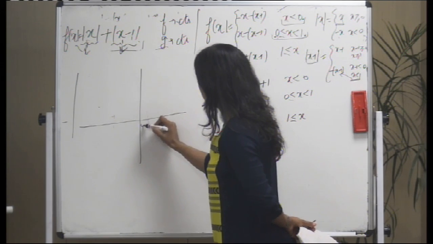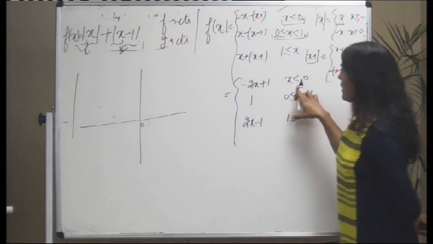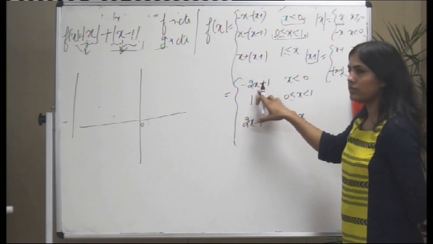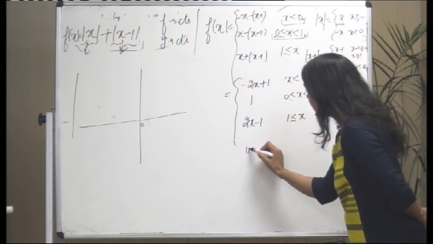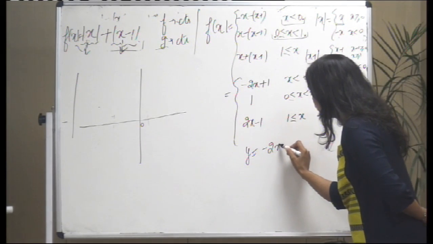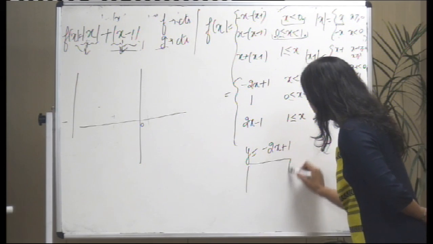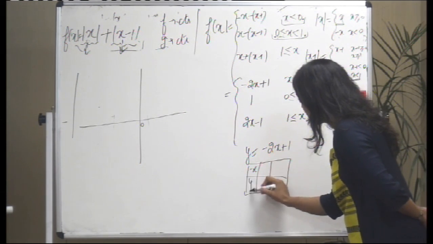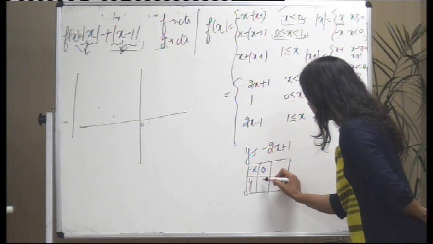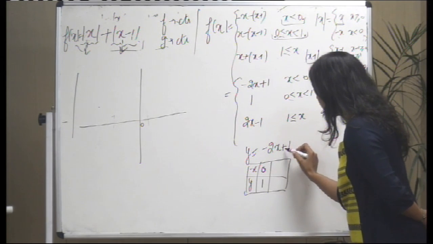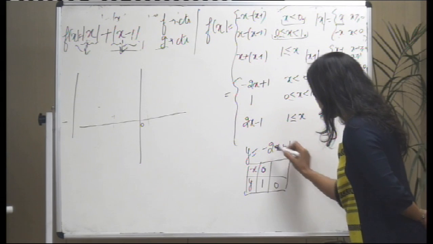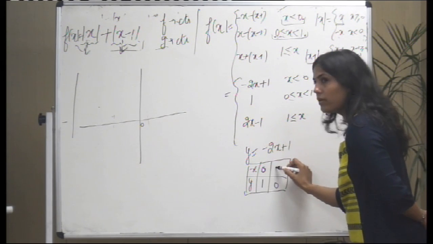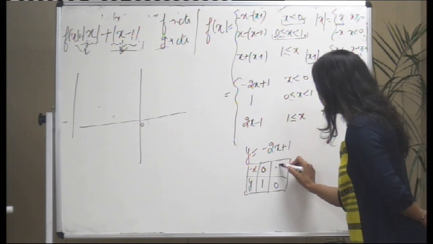This is the 0 point. For x less than 0, your function is basically a line. How do you draw a line? This is how you draw it: x, y. For x equals 0, the value of y will be 1. For y equals 0, the value of x will be 0.5.